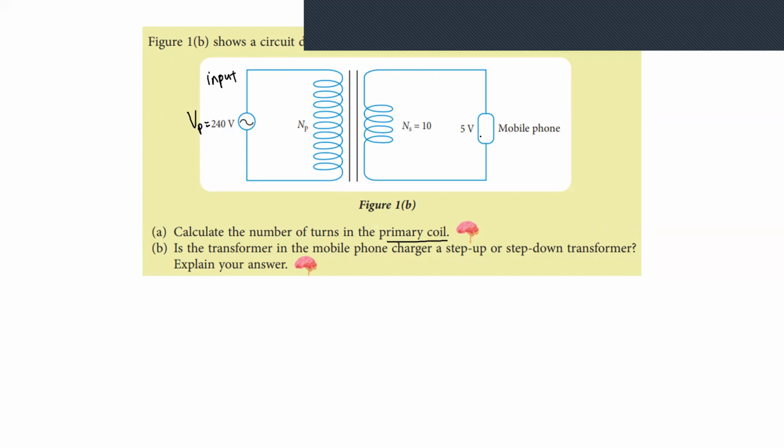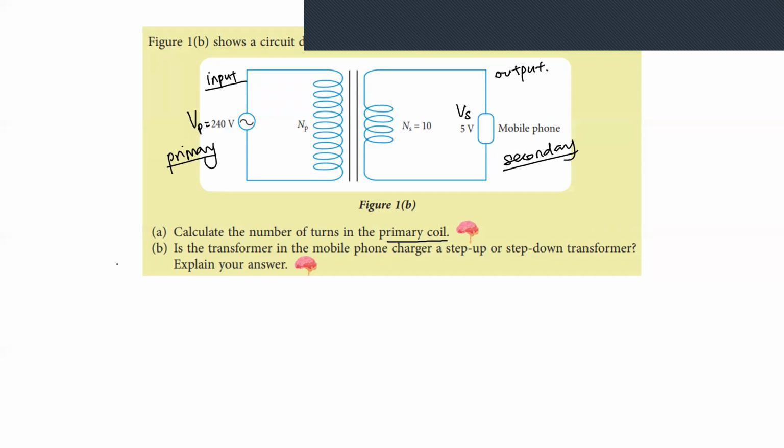Then the output on the left-hand side would be NS, and this would be VS. So this is the primary input voltage and the secondary output voltage.